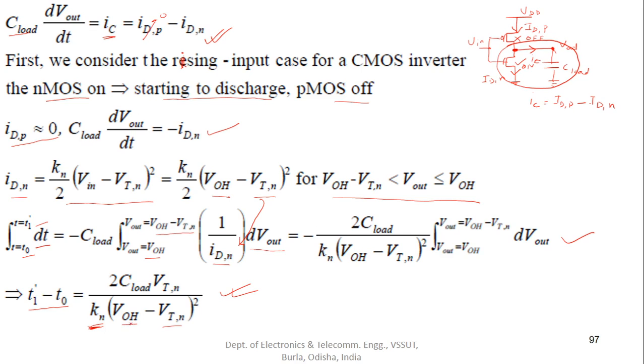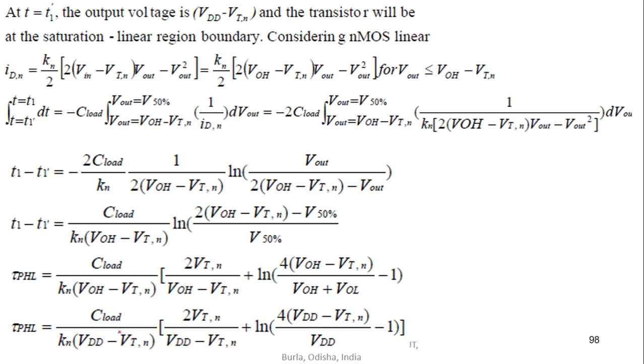Now the second part, when the output goes below this VOH minus VTN. In this region we know that the transistor will be in linear region of operation, and we will use the linear drain current equation, which is Kn by 2 [2(Vin minus Vtn) V out minus V out whole square].